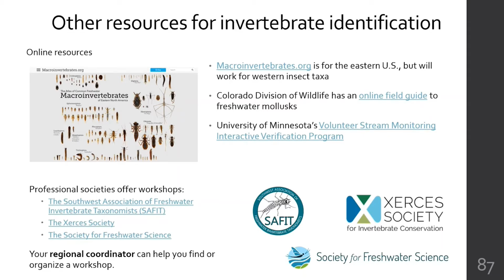I have made extensive use of some of their imagery in the material that we put together. It's specifically for insects, so if you're only interested in non-insects, the Colorado Division of Wildlife has an online field guide to freshwater mollusks. I apologize in advance if that link doesn't work. They sometimes take it down and put it back up, but it is a great guide to the snail families that you're likely to observe in the Western Mountains.